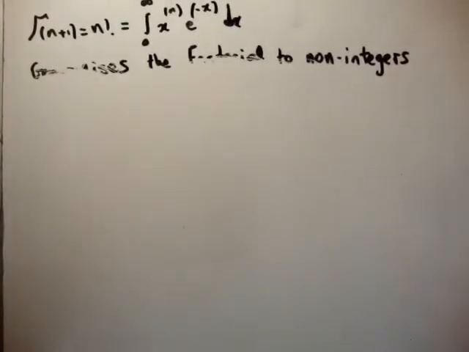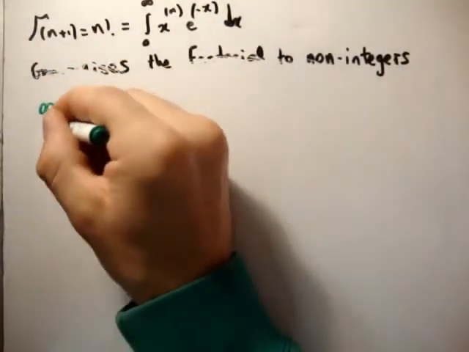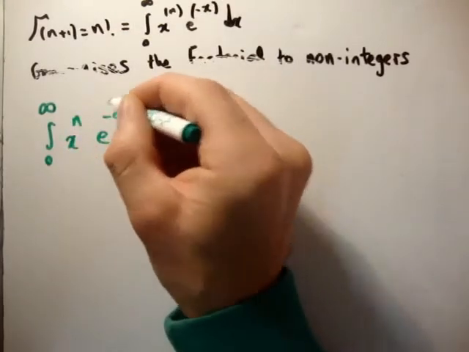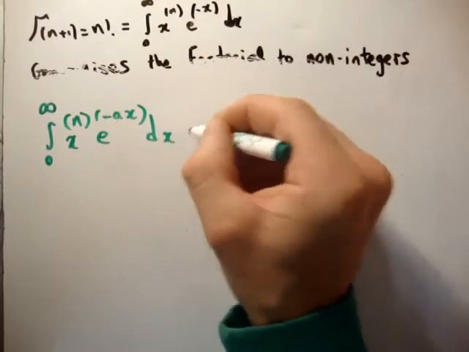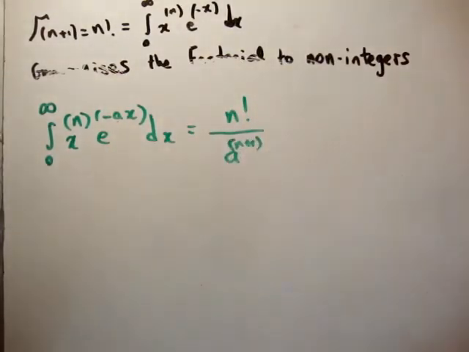So the conclusion is as follows: the integral from 0 to infinity of x to the n e to the minus ax, integrated dx, is equal to n factorial over a to the n plus 1. Now, of course, we can set a to be any value whatsoever.